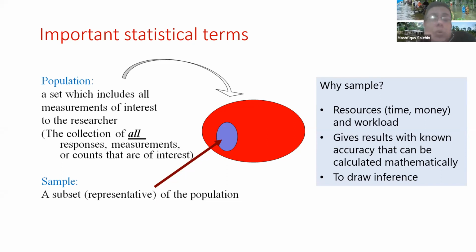So I do need to take a subset of that population, which is my sample, keeping in mind that the sample needs to be representative of my population, meaning it needs to present the important characteristics the population has, without losing important aspects.